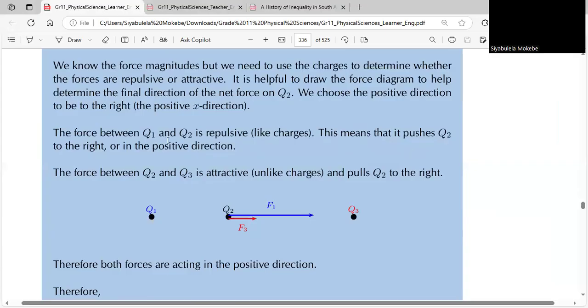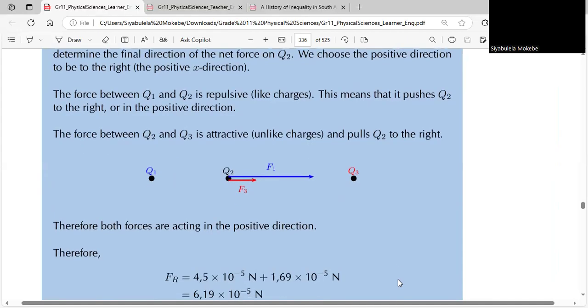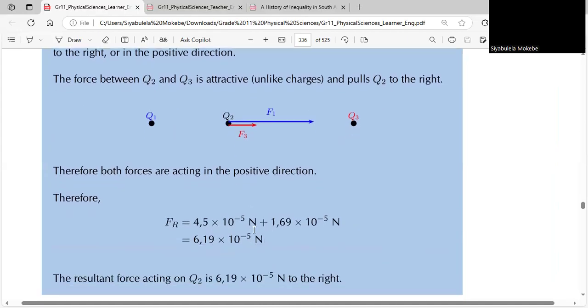This means that it pushes Q2 to the right, or in the positive direction. The force between Q2 and Q3 is attractive, those are unlike charges, and pulls Q2 to the right. Therefore, both forces are acting in the positive direction. Therefore, the sum of those forces is 6.19 times 10 to the -5 newtons, and this resultant force acts to the right.